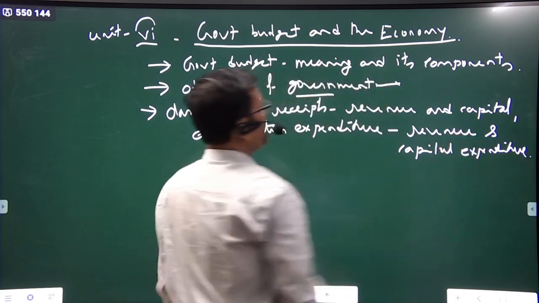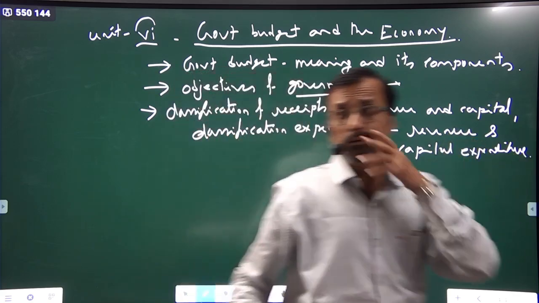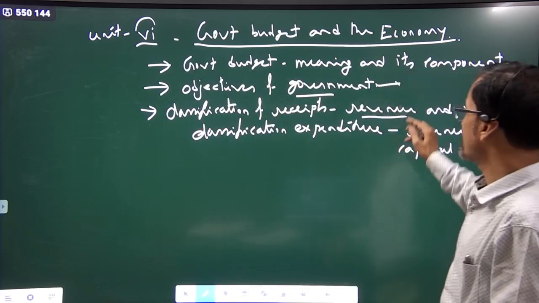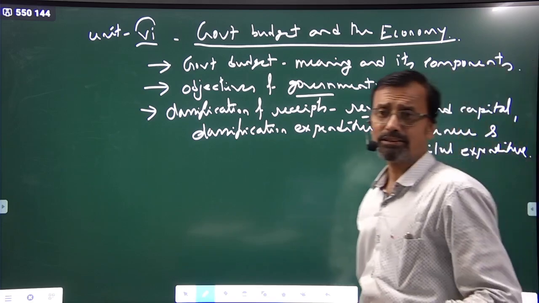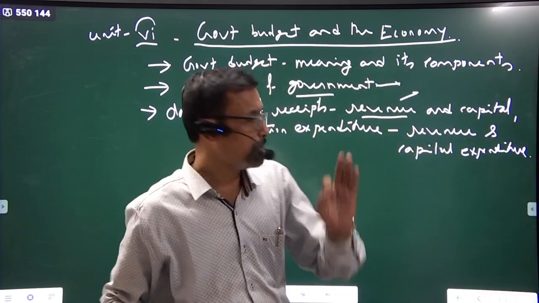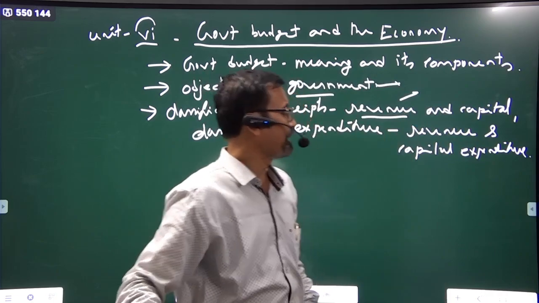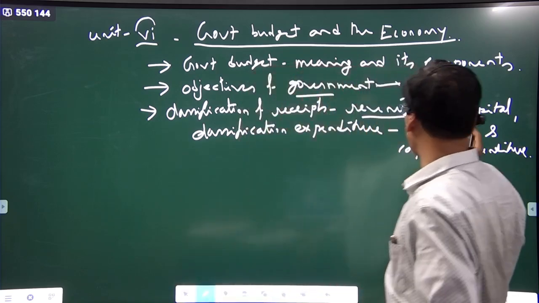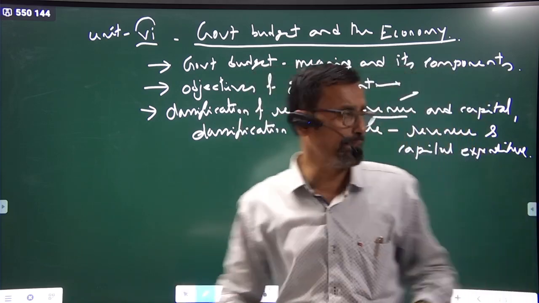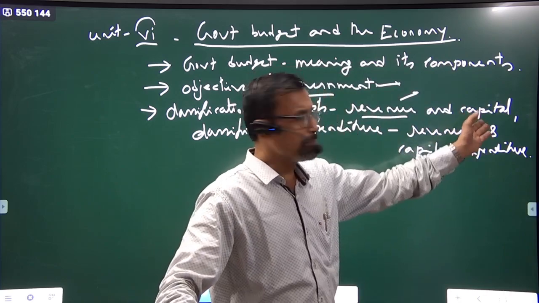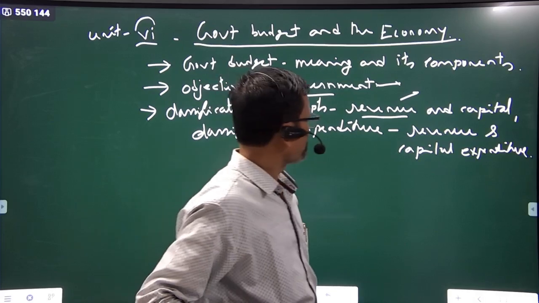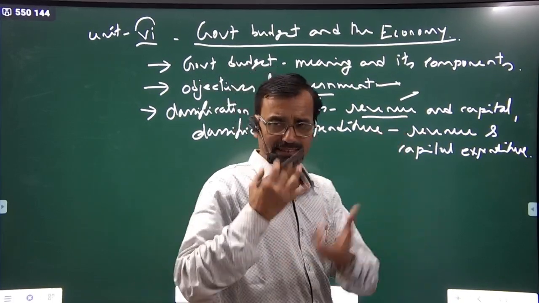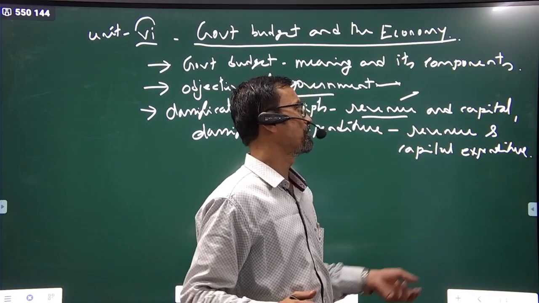Now, revenue receipt. Exactly what is revenue receipt we will understand. It is the receipt which neither creates liabilities for the government nor reduces the assets of the government, but the capital receipts of the government either create liabilities or reduce the volume of assets. You can quote examples of revenue receipt like tax collection and non-tax collection.